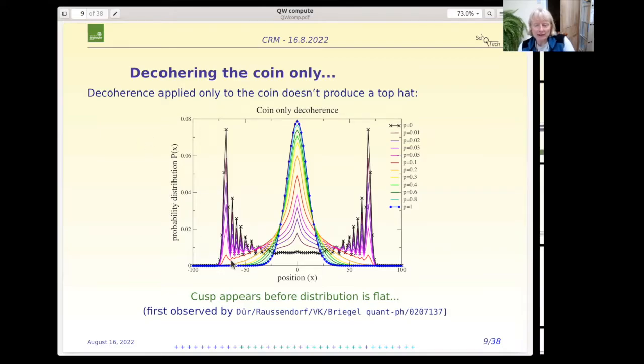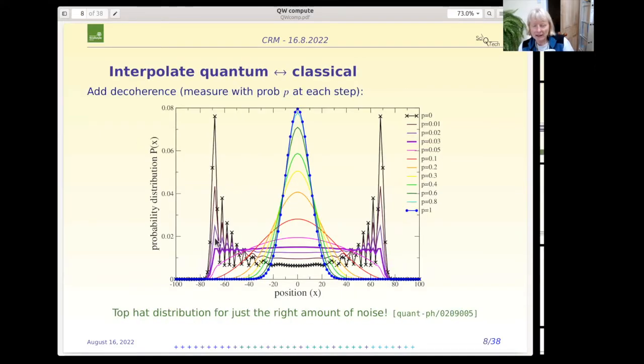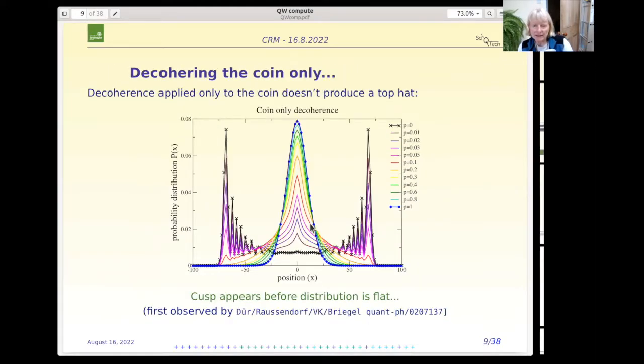And if you do that, instead of getting that nice flat distribution at exactly the right level of decoherence, what you get is that the spikes are still coming down when the central peak is still going up. So it does a much more messy interpolation. So it still goes between the two, but it's not a neat top hat that you get out of this here.